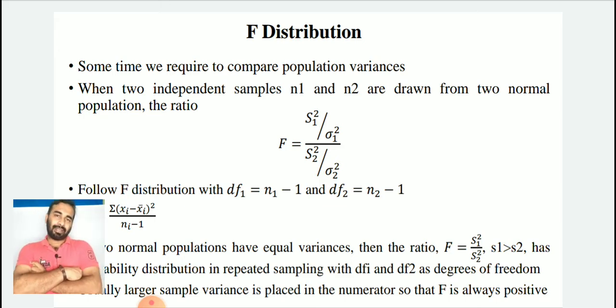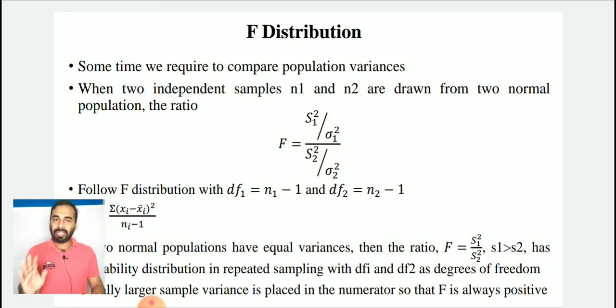But today one more part is left, that is variance. So in this video we are going to check how to do hypothesis testing about variance, or how to compare two different population variances.